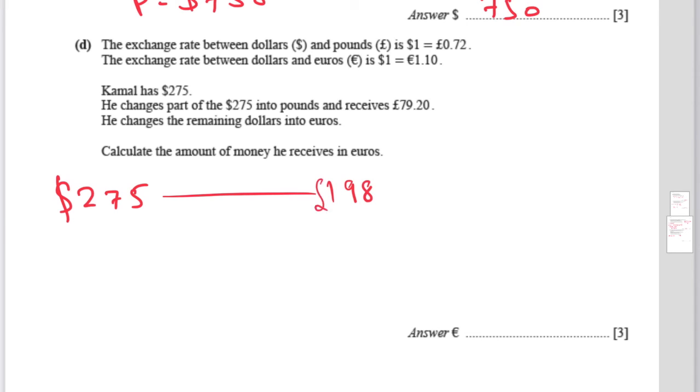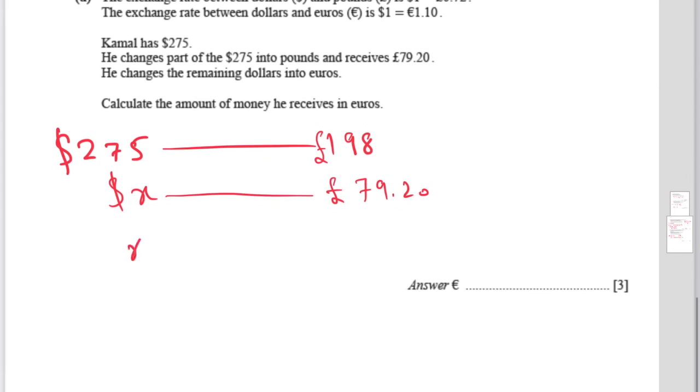Then if he is getting 79.2 pounds, how much is that in dollars? That would be the best way to find it. So we cross multiply them, and the dollar amount that comes out is 275 times 79.2 divided by 198. So $110. So this is the amount that is equivalent to 79.2 pounds.